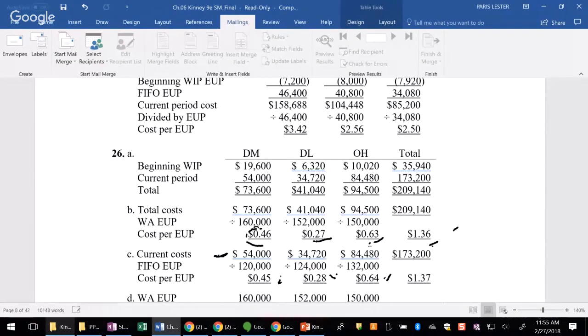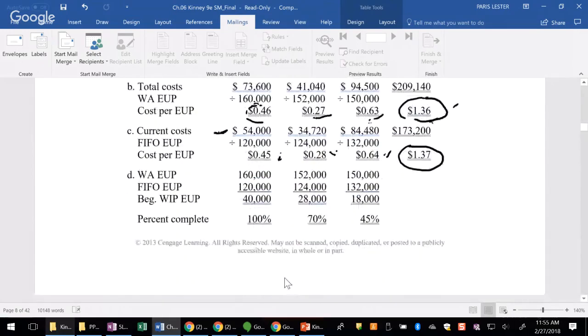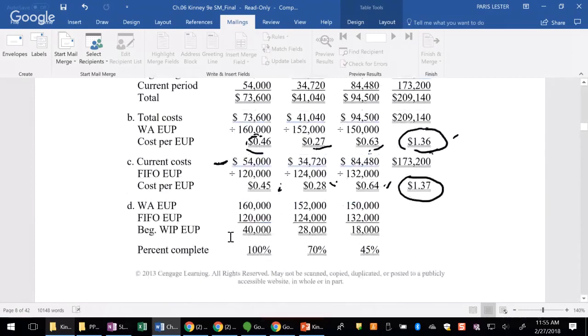This one went down, these two went up. So we got $1.37 under FIFO compared to $1.36 under weighted. But we still got to account for all that cost. And it does that because you got different units.